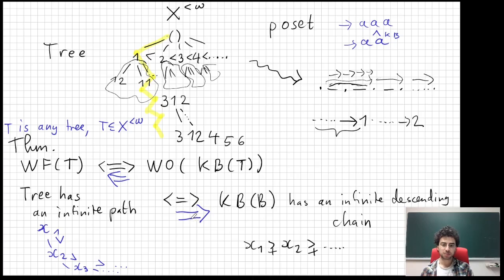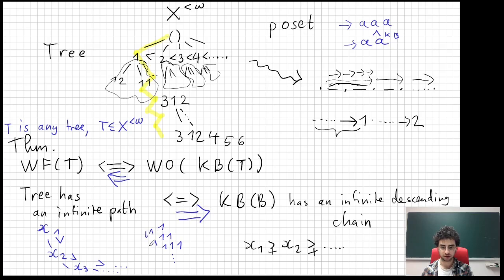Yeah, that's pretty much what I wanted to talk about. I mean, notice that the lexicographic order does not have this property. In fact, if we just look at 1, 1, 1, 1, 1, 1, and so on, a special infinite descending path, this is an infinite descending chain in the tree, but it is not an infinite descending chain in the lexicographic order, because actually this is greater.